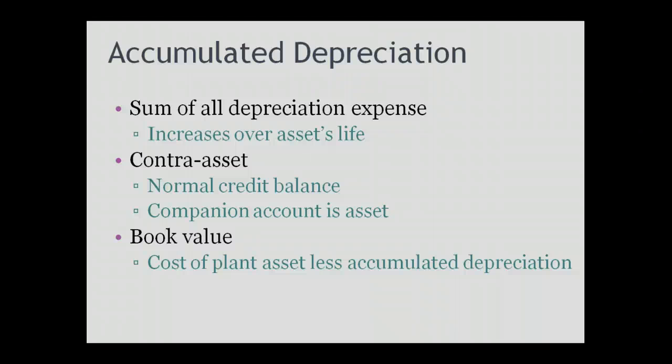The accumulated depreciation is a contra asset with a normal credit balance, and it's a companion account to the asset. And remember, the book value is the cost of the plant asset less accumulated depreciation. The book value of the asset decreases as the asset ages. So as time goes on, the book value of the asset decreases.